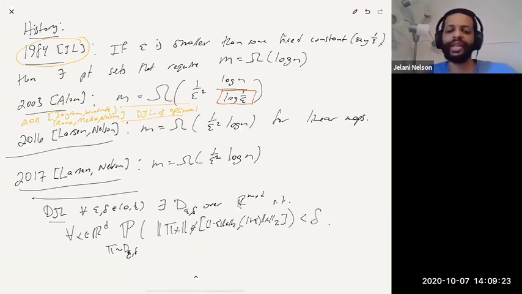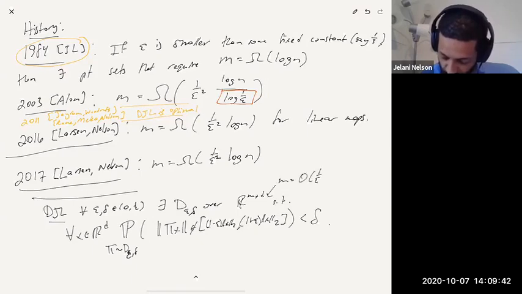Oh, and also I should say, here m was like 1 over epsilon squared times log 1 over delta, right?